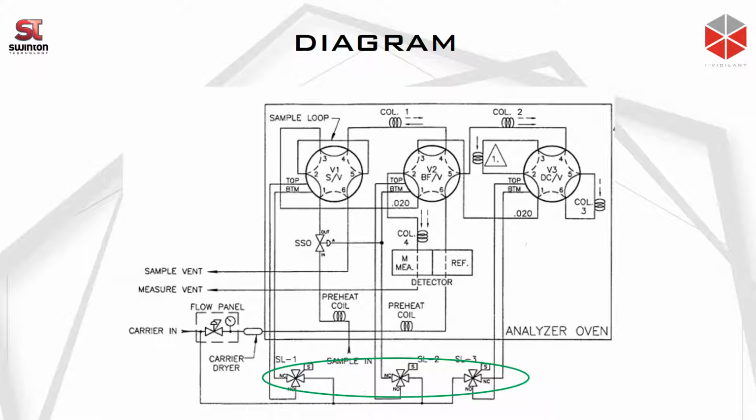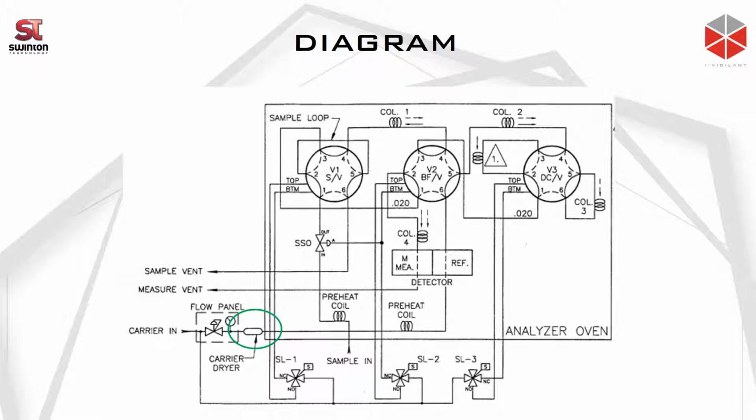When the solenoid valve is on, it will decide which direction the gas will flow within the valve. The dotted line here is the flow path that the gas will use when the valve is on, and when the solenoid valve is off, the flow will go through the solid line.